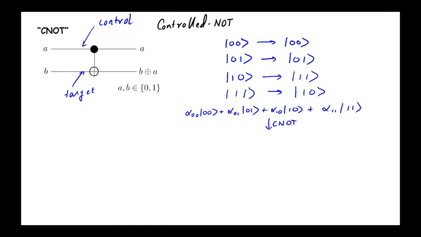The answer is simple. 0,0 stays unchanged, so it goes to alpha 0,0 |00>. 0,1 is unchanged, so alpha 0,1 |01>. Now 1,1 gets mapped to 1,0, so you have alpha 1,1 |10>. And 1,0 gets mapped to 1,1, so you get alpha 1,0 |11>.